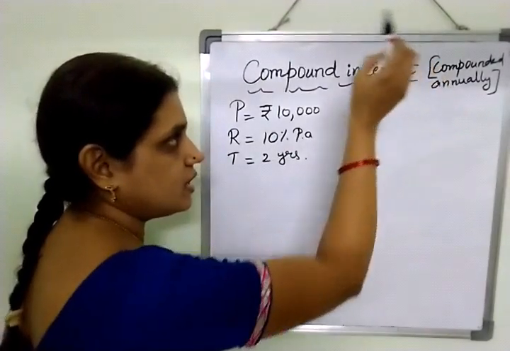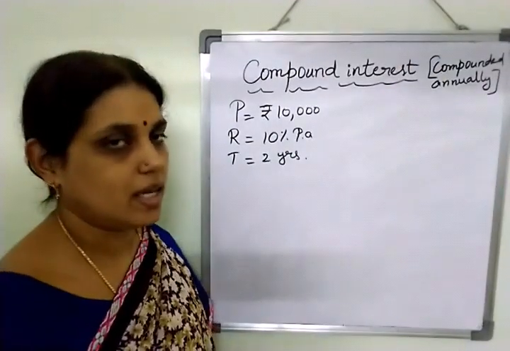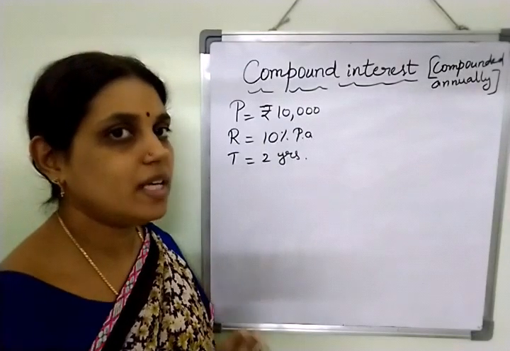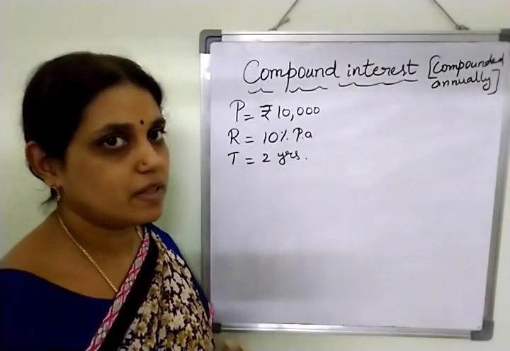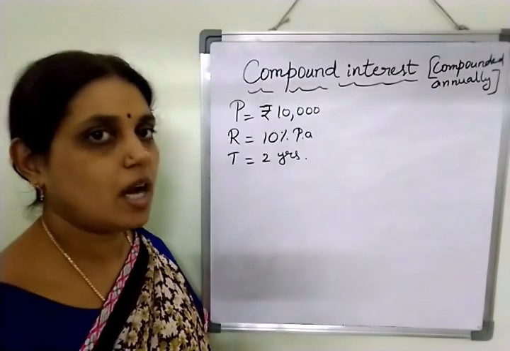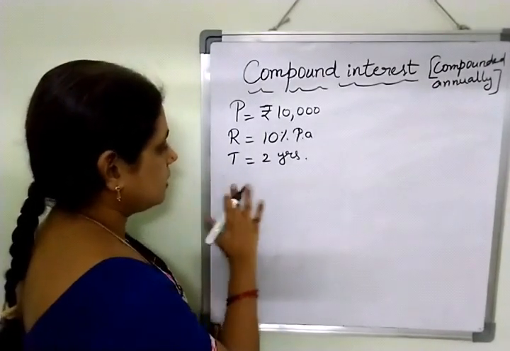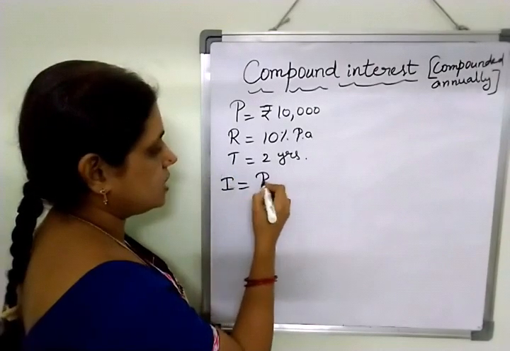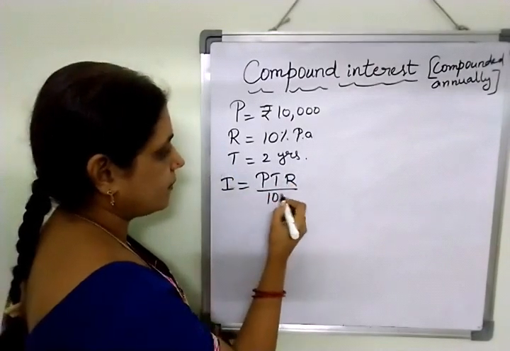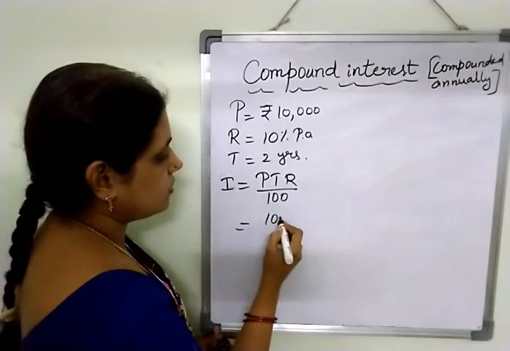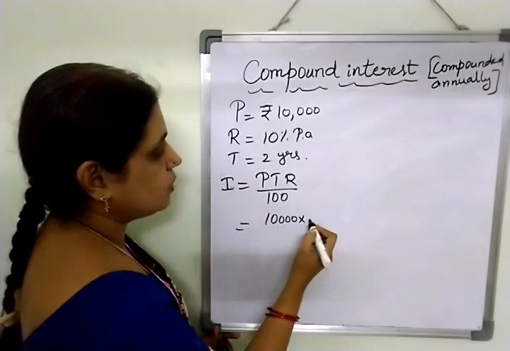And here it is given that it is compounded annually. Annually means what? After every year the principal will be changed. How it will be changed and how to calculate we will see now. So here interest equal to, for first year, PTR by 100, that is 10,000 rupees into 1 year.